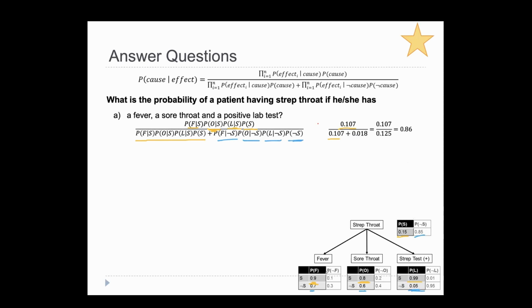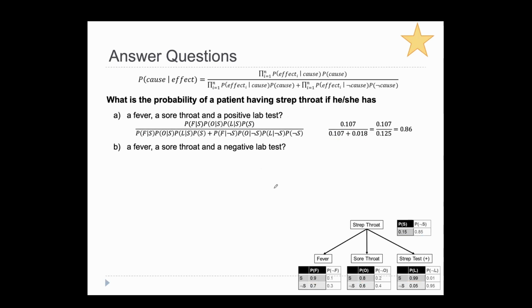All right. So if we multiply these four values highlighted by blue, then we get 0.018. Finally, with the calculation, we get 0.86. So that is our result. The probability of strep throat when all these symptoms are present is around 86%.